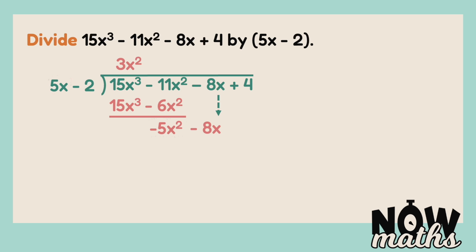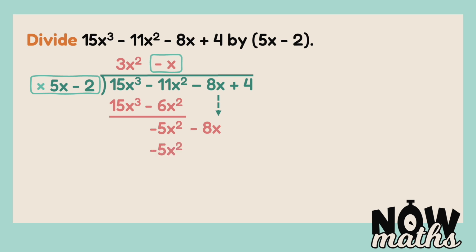Now for our next division, we need to divide negative 5x squared by 5x, which is negative x, which we write above the bus stop. And this is because 5x multiplied by negative x gives us negative 5x squared. To work out the remainder, we now need to multiply this negative x by 5x subtract 2.